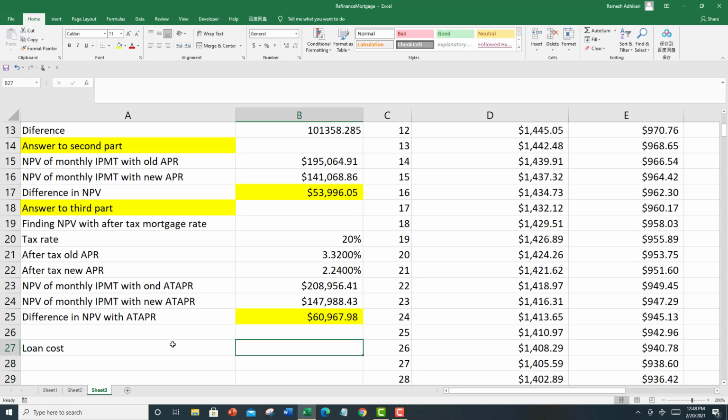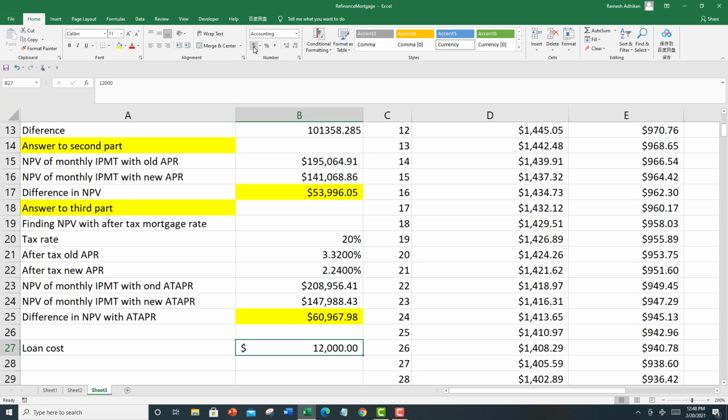So you have to look at the total additional cost of refinancing. It could be anything, 10,000, 15,000, 20,000, whatever it may be. I'm assuming right now it's just 12,000, the cost of my refinance.